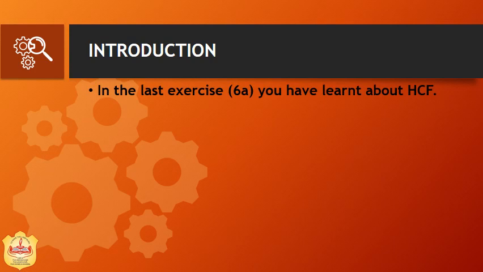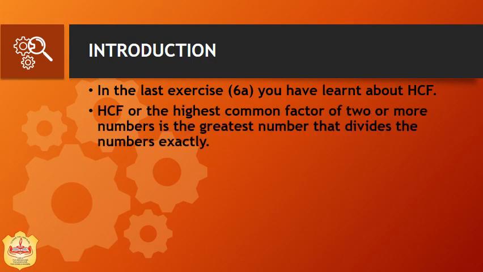Children, in the last exercise, that is 6A, you have learnt about HCF or highest common factor. So, first let us recall what is highest common factor. Well, HCF or the highest common factor of two or more numbers is the greatest number that divides the numbers exactly.